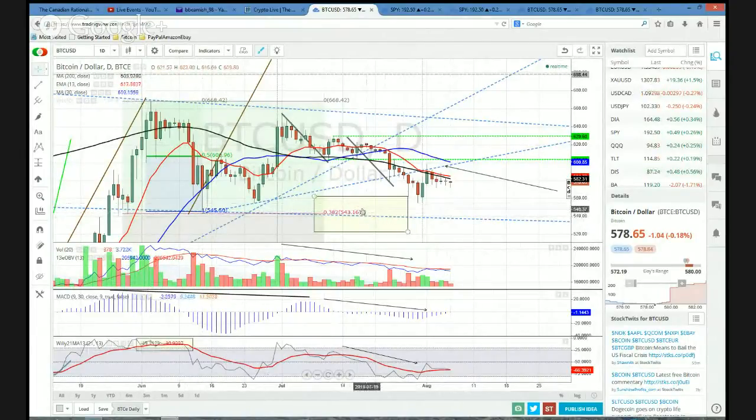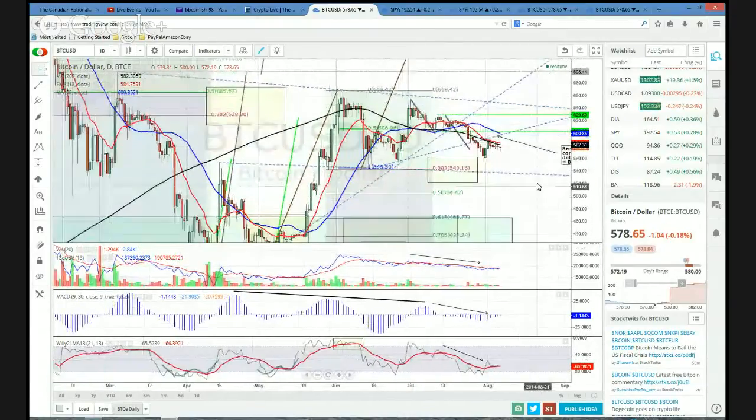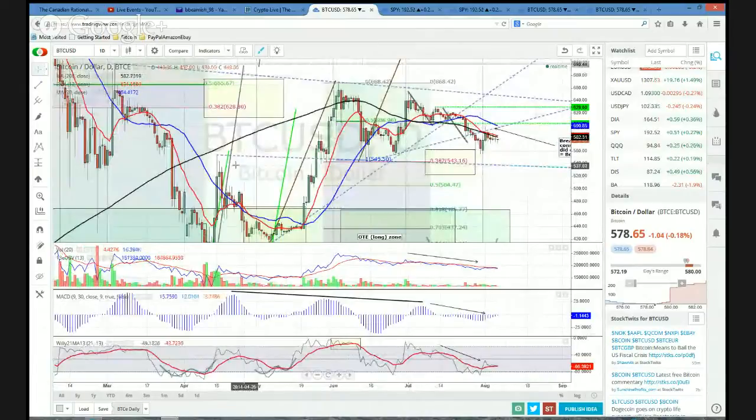And really, I would argue the bottom end of this range is this 38.2 fib, which is just a little bit lower than this number here. So that leads me to believe, remember we recently had, and you'll find over time, this is such a powerful technique, you draw your trend lines off of the previous highs and the current lows.